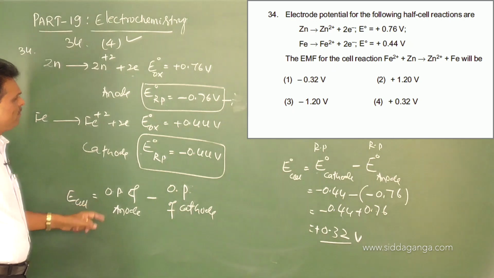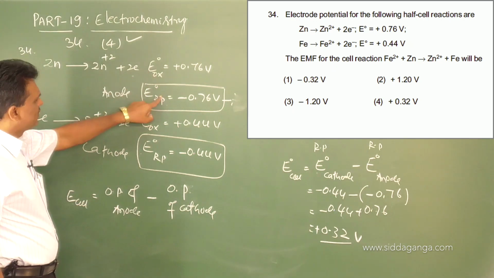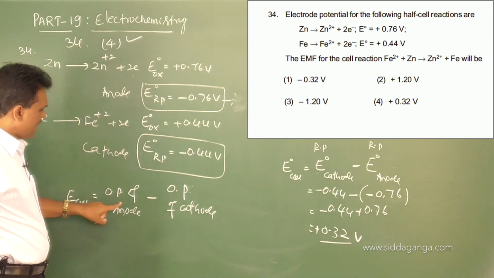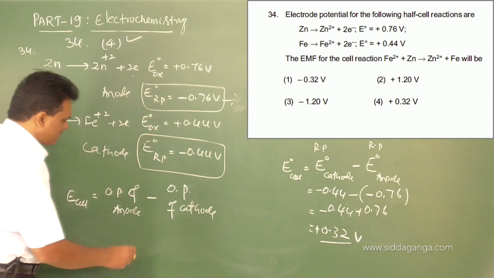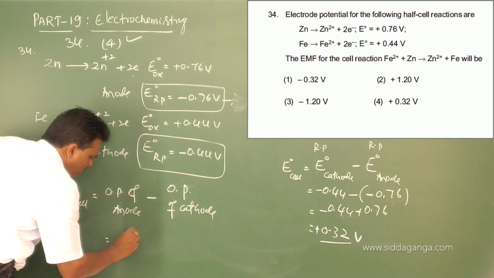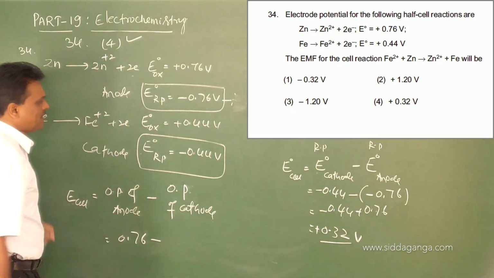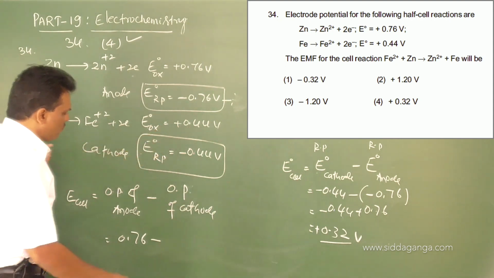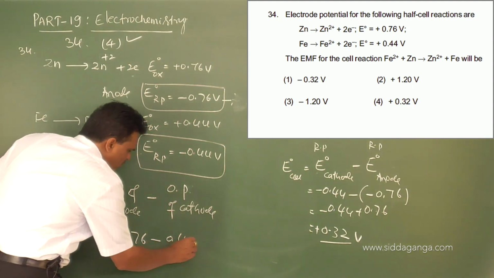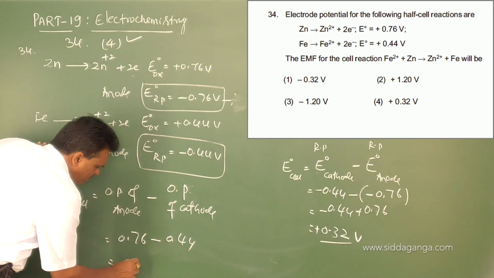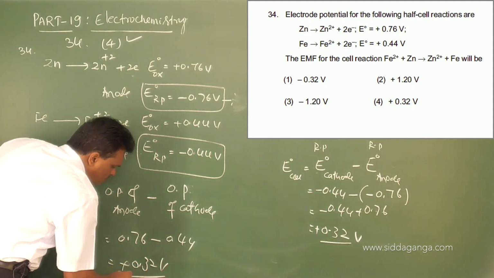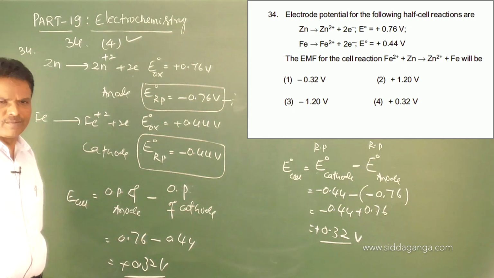So which is the anode? If you take oxidation potential, the anode is zinc. Oxidation potential of anode is 0.76. So it is equal to 0.76 minus oxidation potential of cathode 0.44. It is also equal to plus 0.32 volts. You can take whichever formula you want.